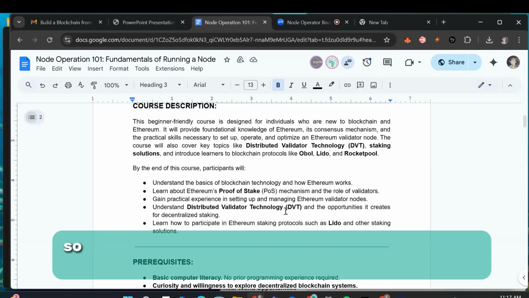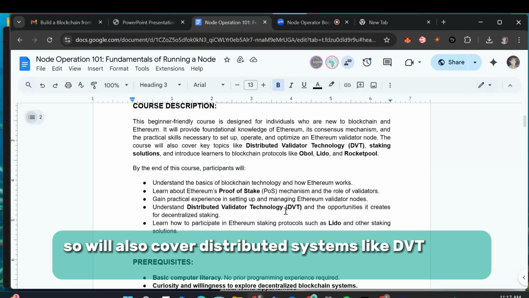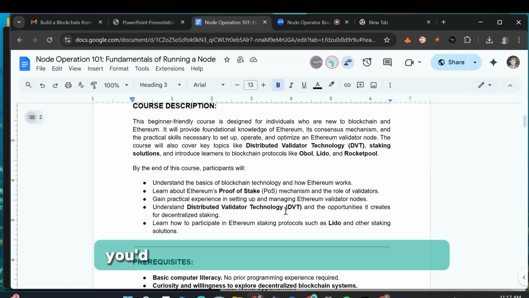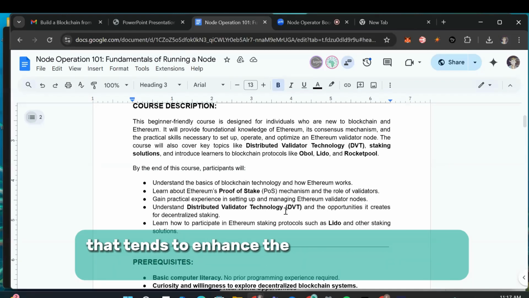to optimize it. So we'll also cover distributed systems like DVT, where you'd set up systems that tend to enhance the performance of your validator.